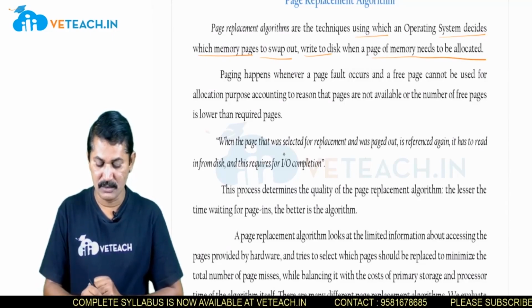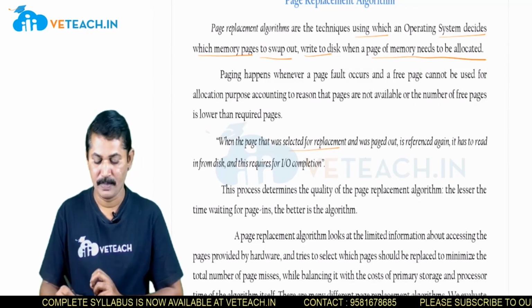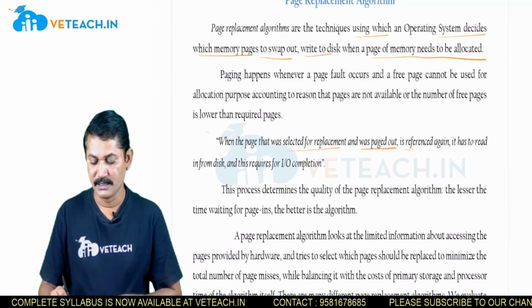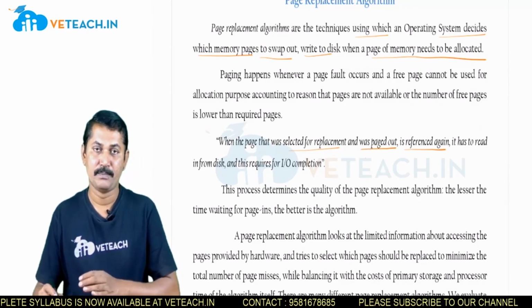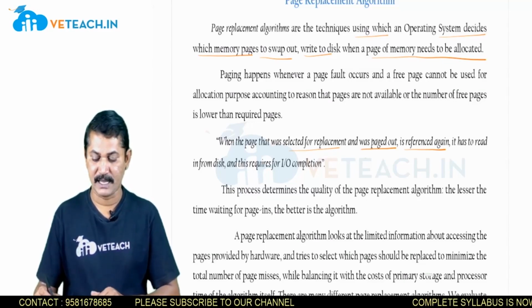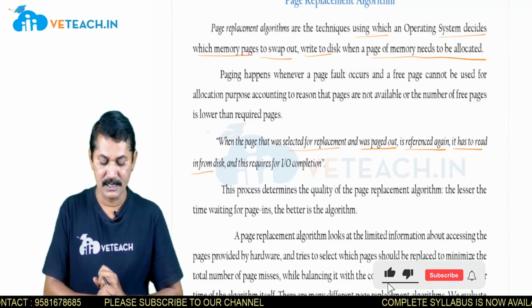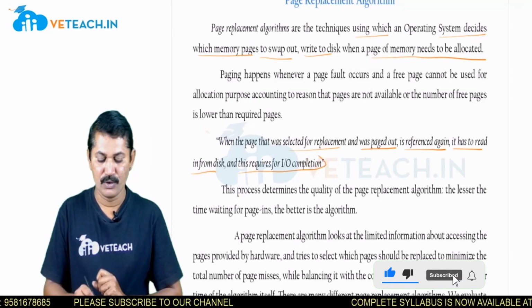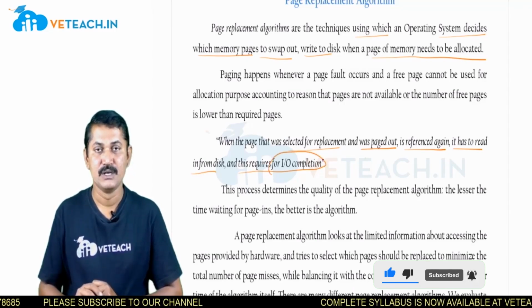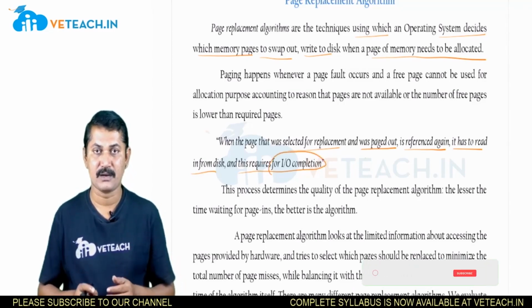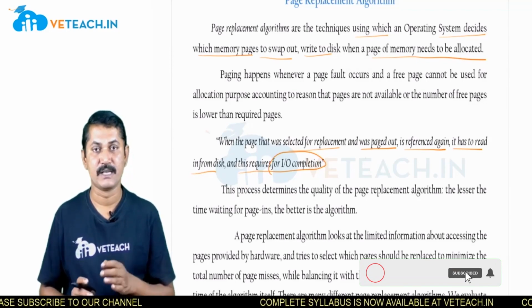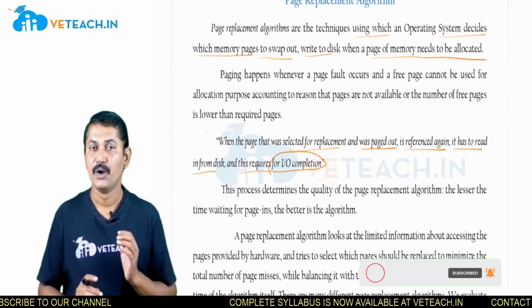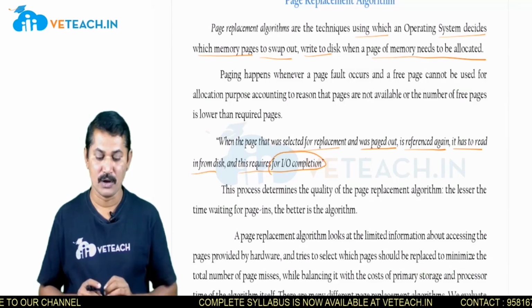When a page selected for replacement was paged out and is referenced again, it has to be read from the disk, and this requires IO operations. That means to swap out and swap in a page between main memory and secondary memory, we need IO operations.